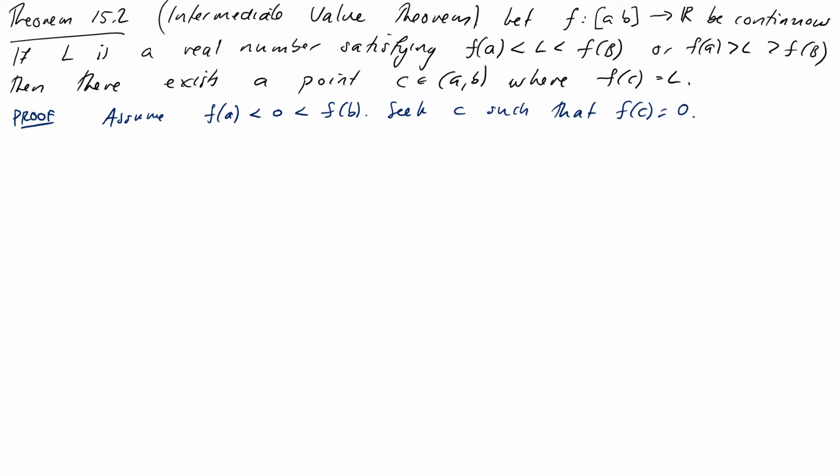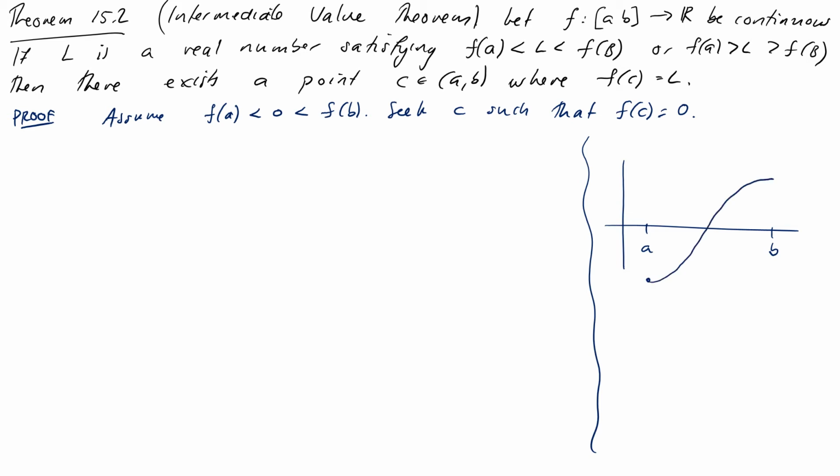Okay, so what we're going to do is start using a kind of bisection method to create a whole lot of nested intervals that are going to hone in on this point. So let's just sketch a little picture of what we're attempting here. So we've got our points a and b, and we know that our function is below 0 here, and we know it's above 0 here. I'm going to actually draw this a little more exaggeratedly, maybe like that. We're going to define our first interval to be a to b.